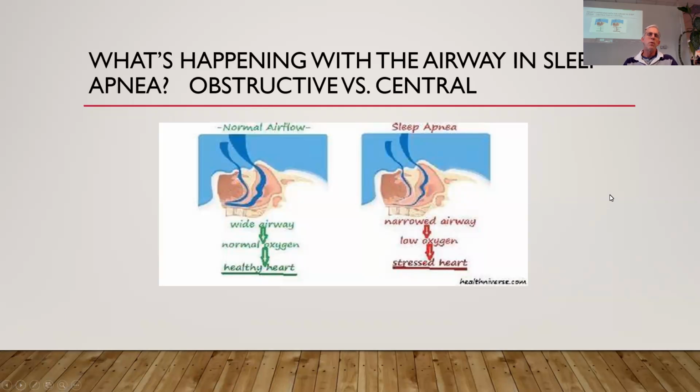And here's another way of looking at sleep apnea and what's going on with air exchange, because that's basically what we're looking at. Normal airflow. You have a wider airway, and that means you'll have a much more normal oxygenation. And because of that, tissues of your body will remain healthy. On the other hand, with sleep apnea, whether it's central or obstructive, you have a narrower airway.